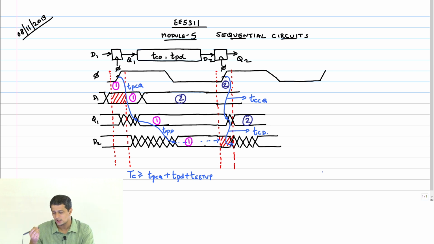And therefore, what is the condition under which this will function correctly? That change in D2 should happen outside that hold time window, right? Which implies the min delay constraint therefore is T hold should be less than or equal to TCCQ plus TCD.